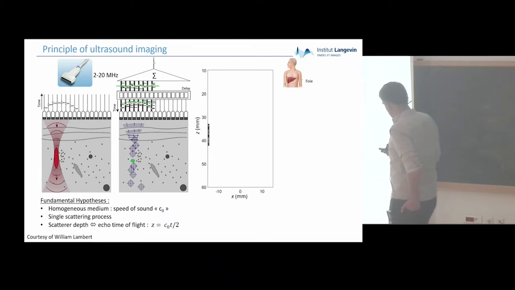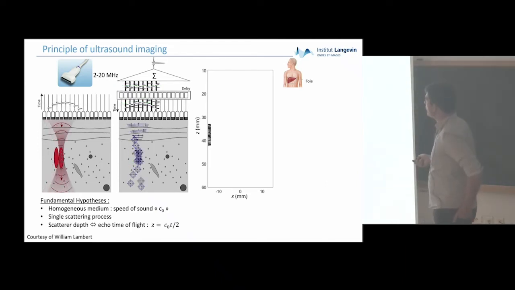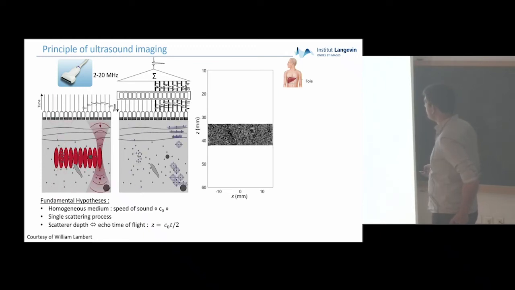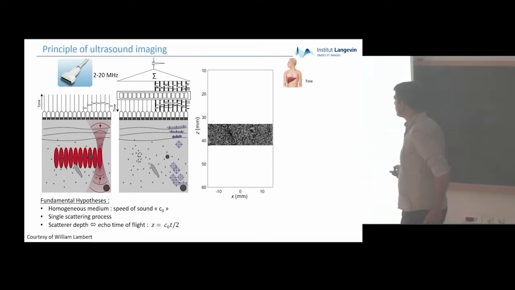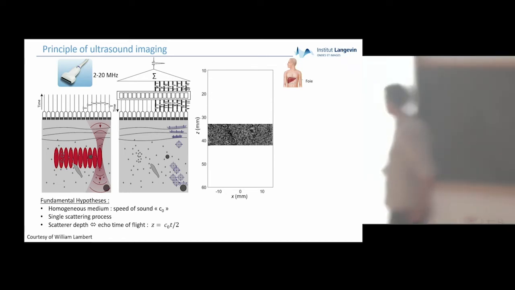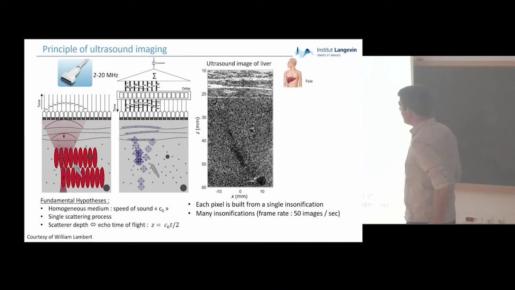And you scan the phase laws, just moving these time delays in this direction, and you can rebuild a part of the image in the depth of field of your incident wave field. And if you want to recover the ultrasonic image in other locations of the medium, you re-emit a set of incident waves to retrieve the whole image here of a liver.